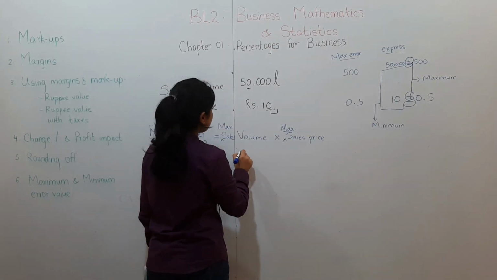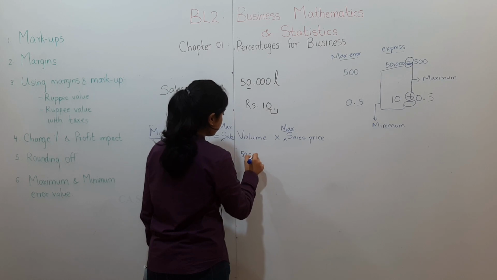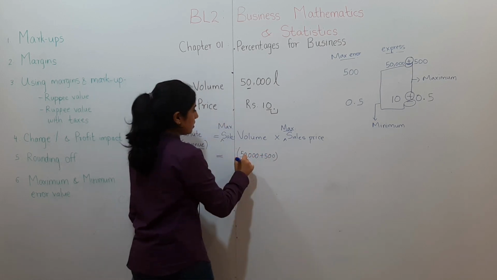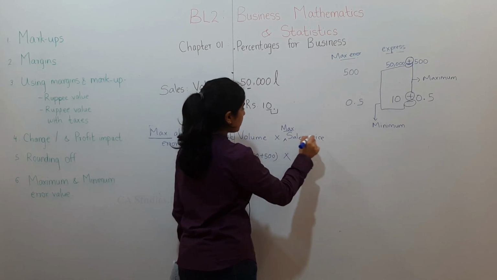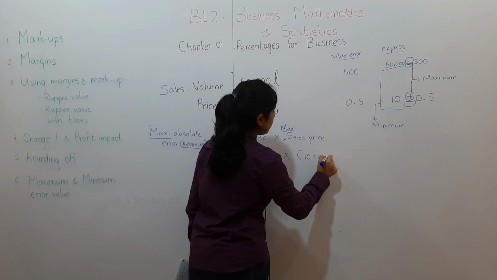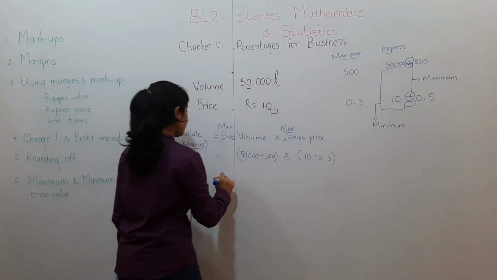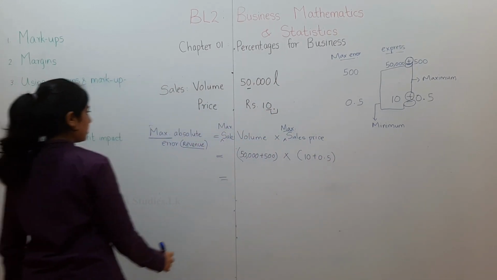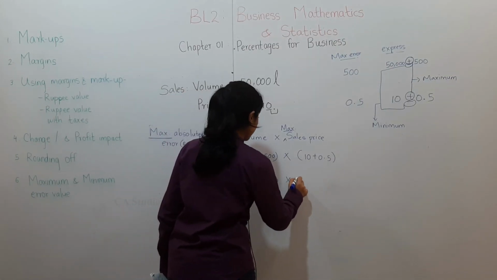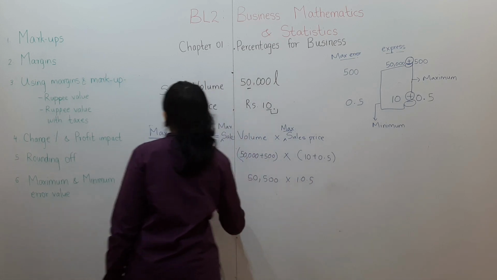Maximum sales volume is 50,000 plus 500, multiplied by the maximum sales price, which is 10 rupees plus 0.5. What's your answer? 50,500 multiplied by 10.5. How much is it? Calculate.